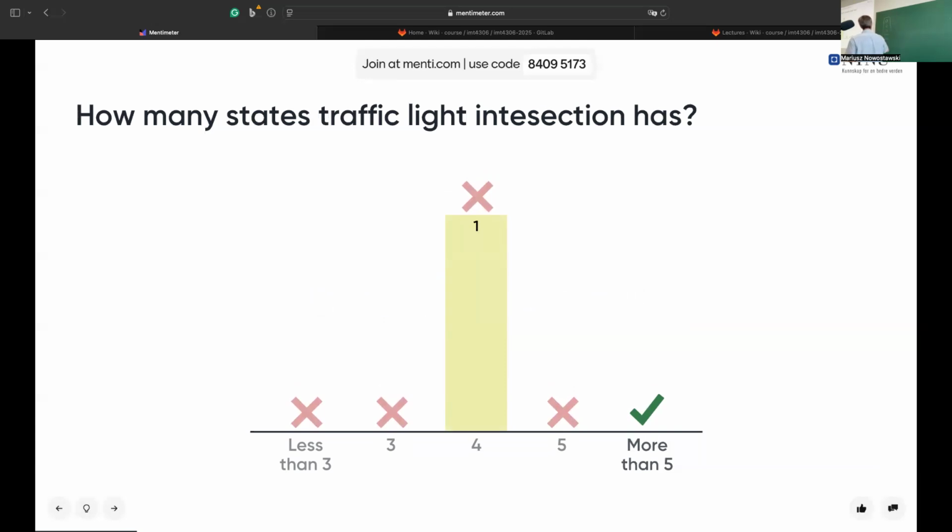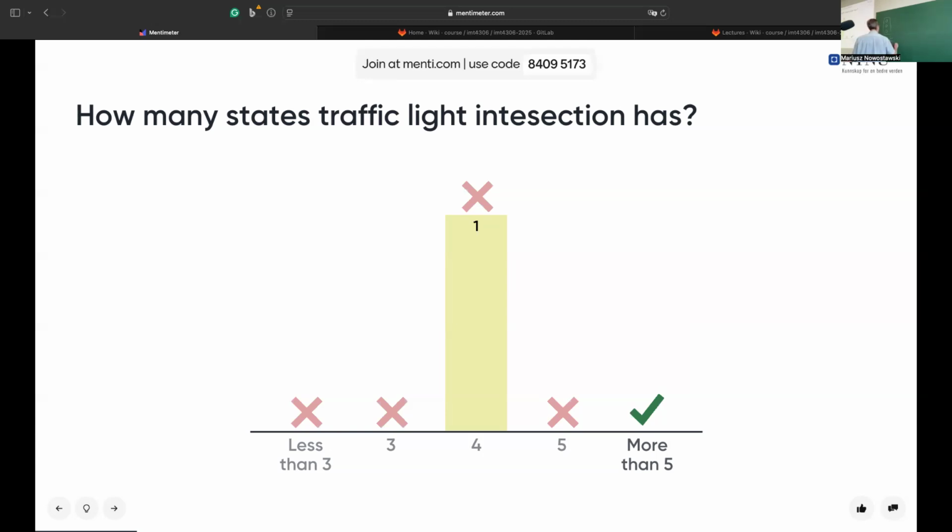Two is red. So what states do you have? You have green, and then you have red. And then you have red and yellow. Then you have green and yellow.